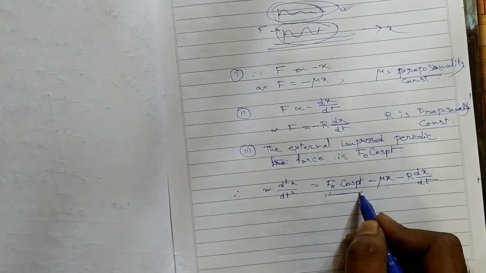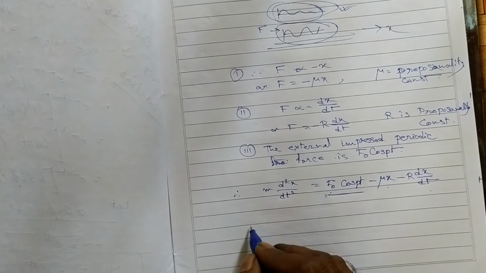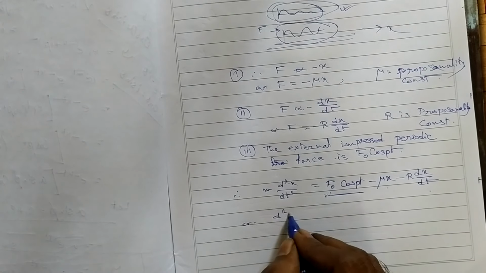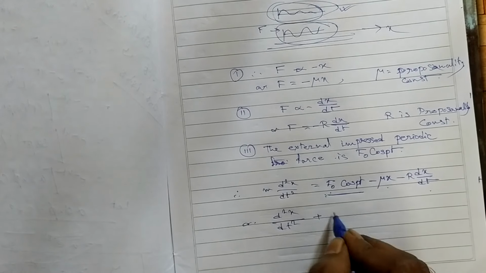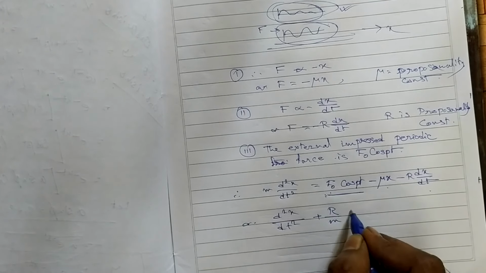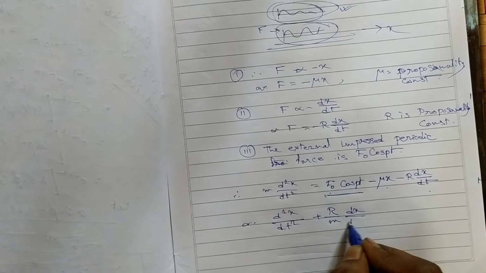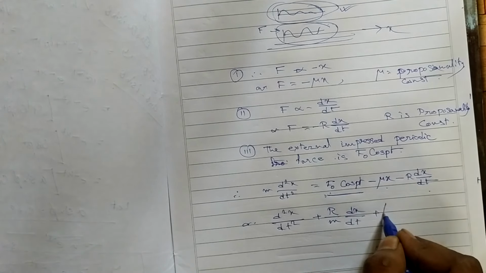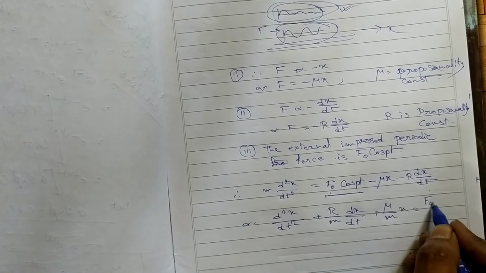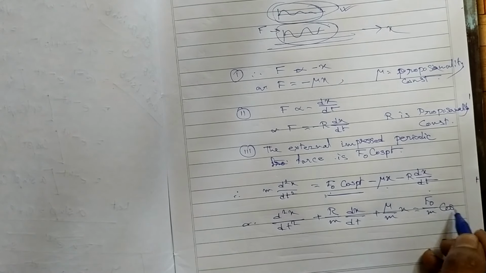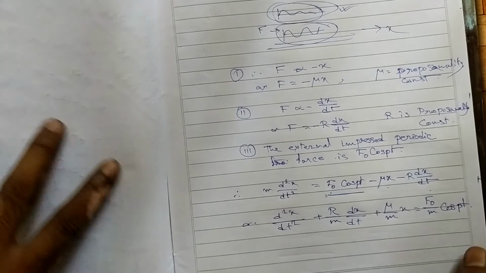Then you get the vibration, and that type of vibration is known as forced vibration. d2x/dt2 plus r/m dx/dt plus mu/m x is equal to F0/m cos pt. Clear?